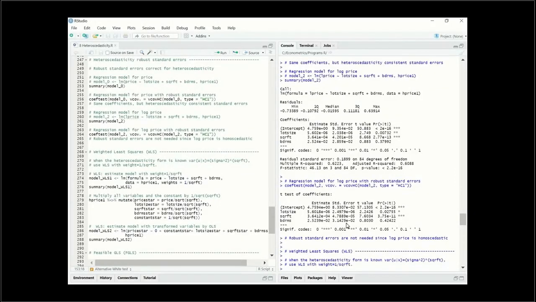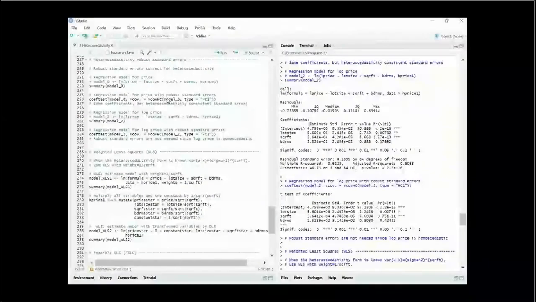And the reason for that is that robust standard errors are not needed since log of price is homoscedastic. We tested it above, we know it's homoscedastic, so we basically unnecessarily applied these robust standard errors, which doesn't hurt to apply them if they're not needed.